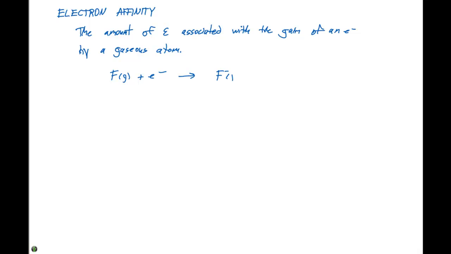In this case, fluorine has 7 valence electrons, so it would really like to have another electron. The energy associated with this is negative 328 kilojoules per mole.